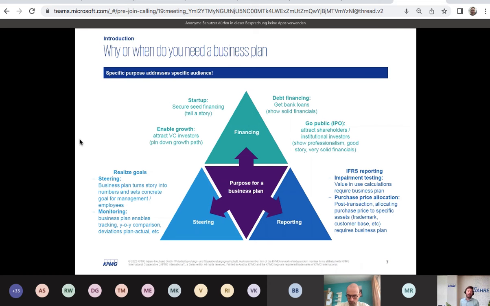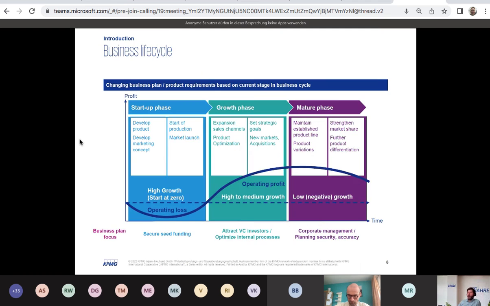If you buy another company, then you will have to report the consolidated figures in your financial statement. And for that, it's always necessary to have a business plan. Yeah, here also you see a different illustration regarding the life cycle of a typical company.